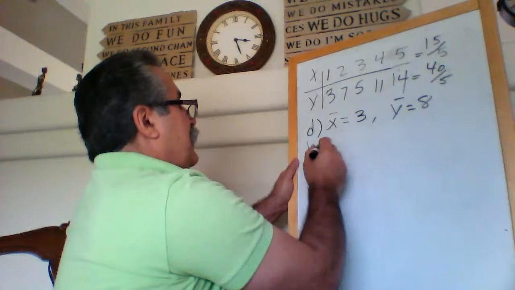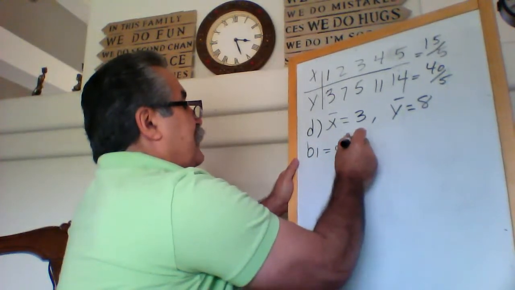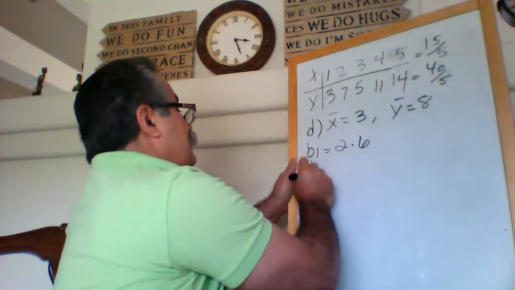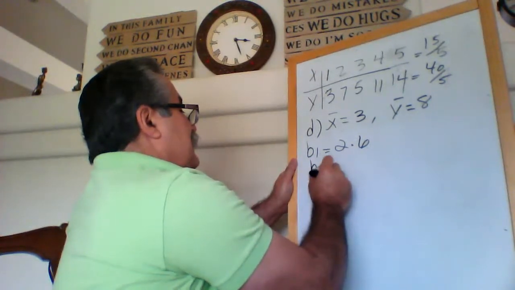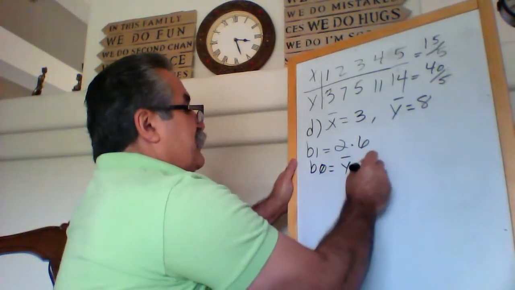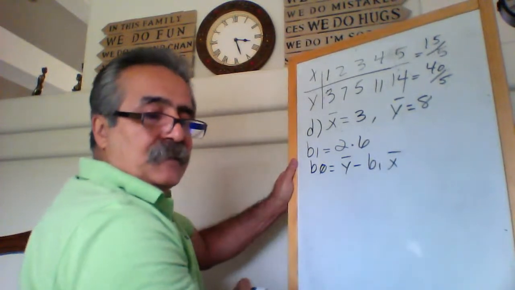So B1 is going to be 2.6. Now B sub 0 is equal to y bar minus B1 times x bar.